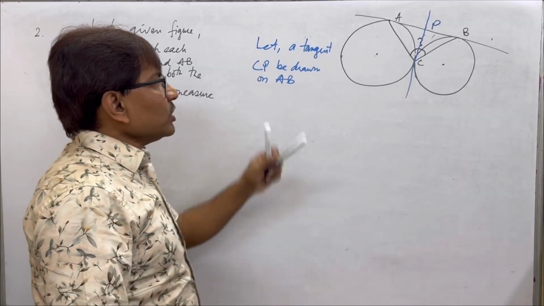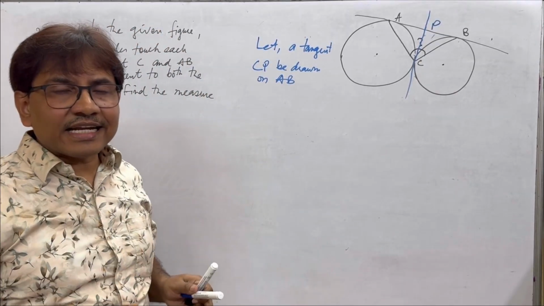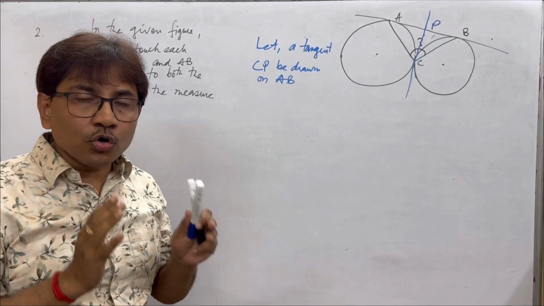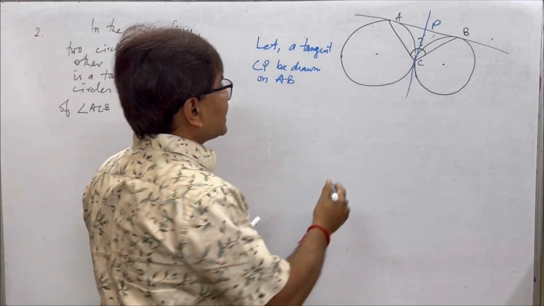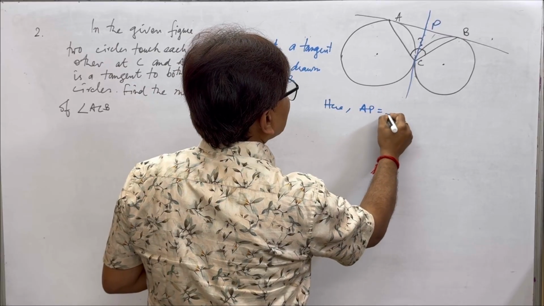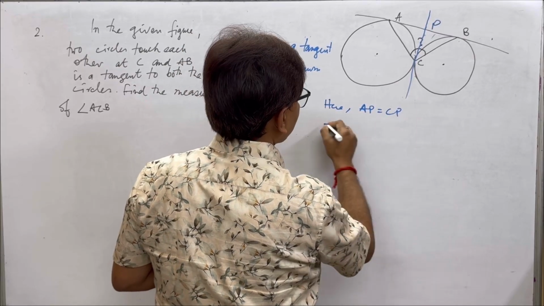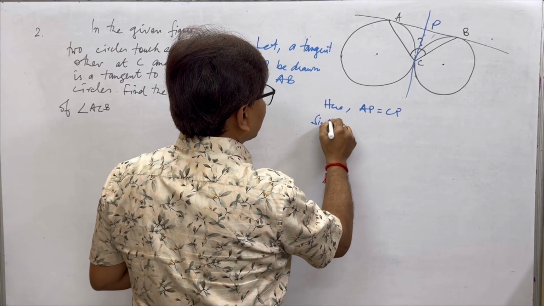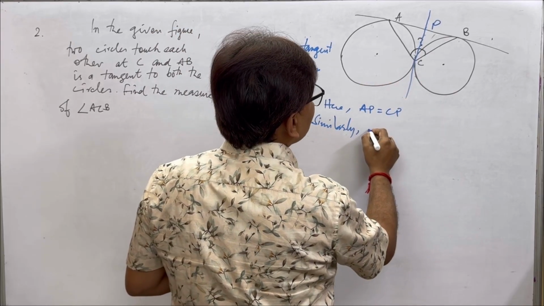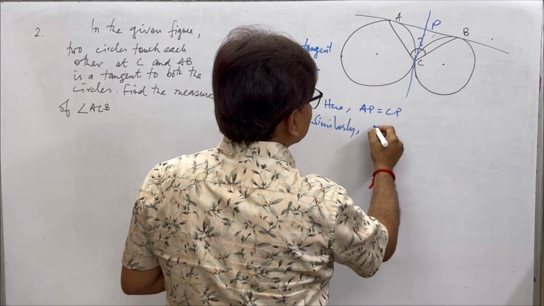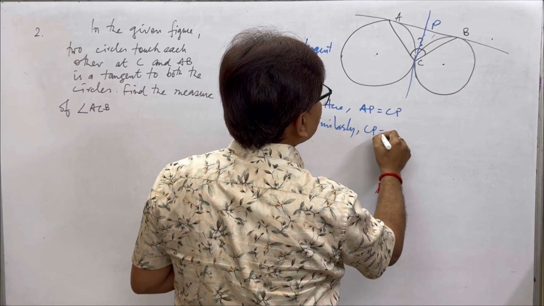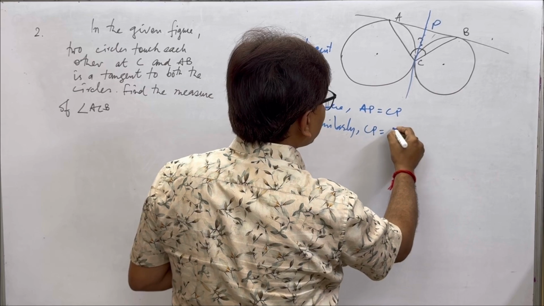As we know, the tangents drawn from a distant point are always equal. So we can write here AP equals CP. Similarly, CP equals PB.